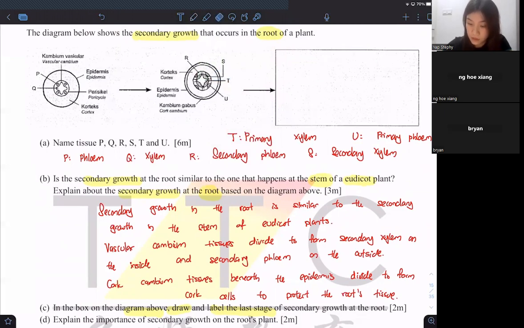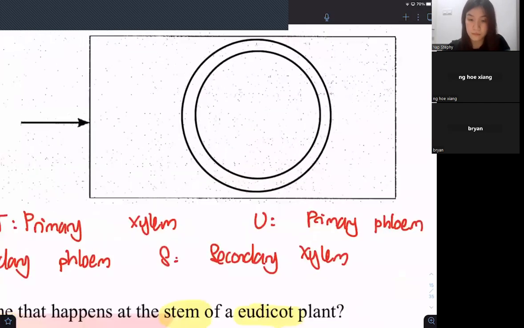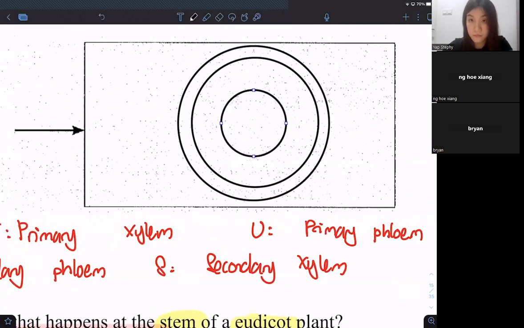And then in the middle, you will form the star shape.